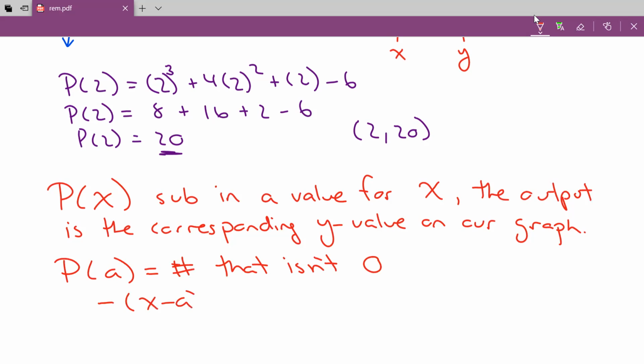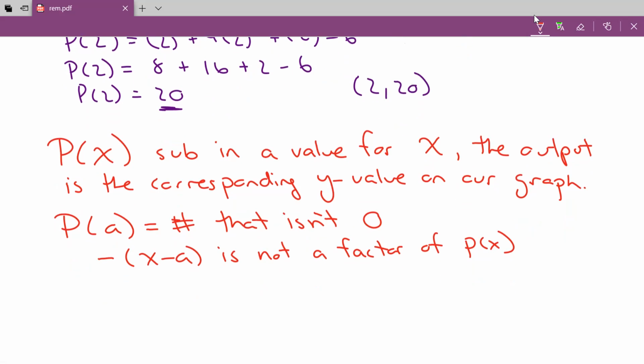X minus a is not a factor of our polynomial, is not a factor of p at x, because we don't get it equal to 0. But what it does tell us is a coordinate pair. It tells us whatever value that comes out of this thing, a and p at a, which is the y value, is a coordinate pair on our graph.